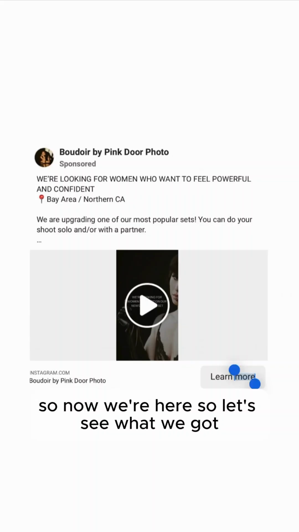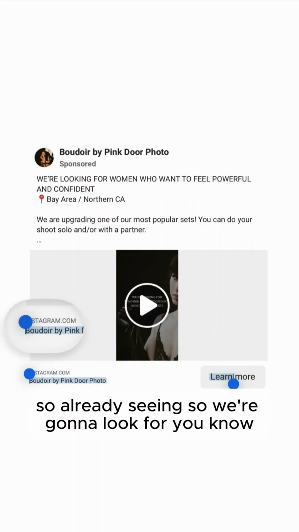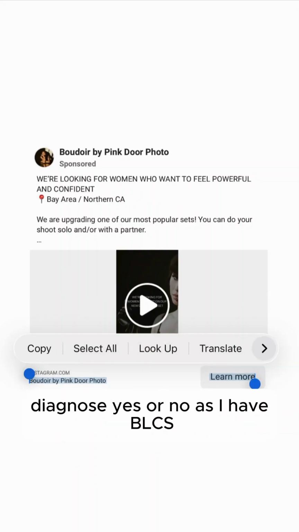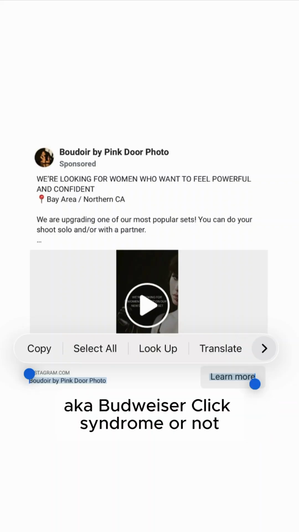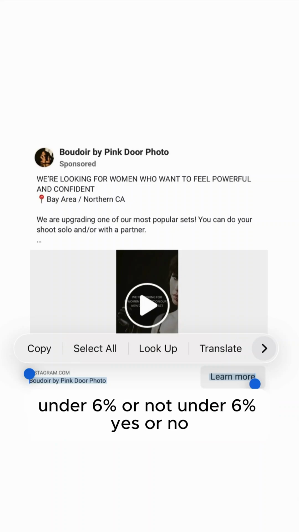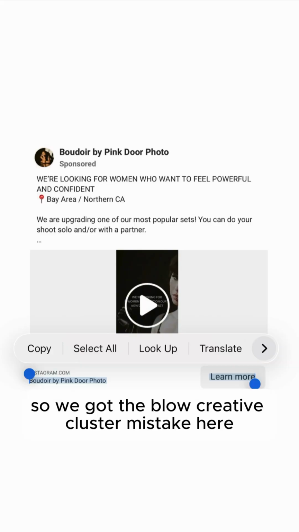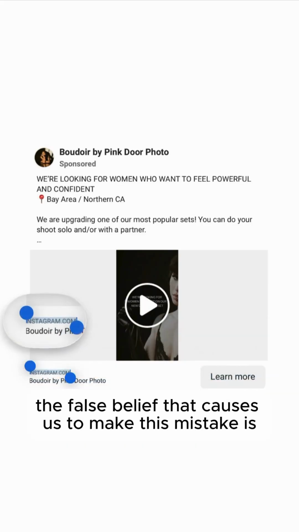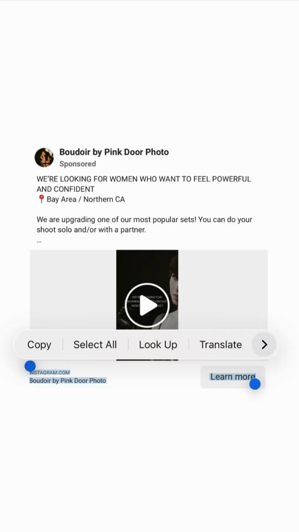So now we're here. Let's see what we got. We're going to diagnose, yes or no, does it have BLCS, aka Boudoir low click syndrome? Do I believe its unique CTR is under 6% or not? So we got the below creative cluster mistake here.